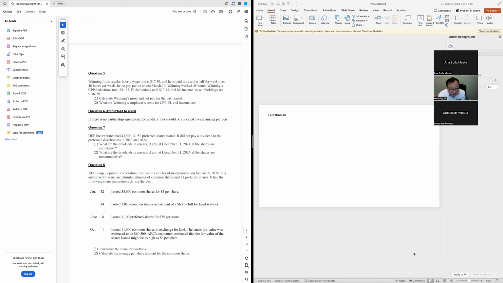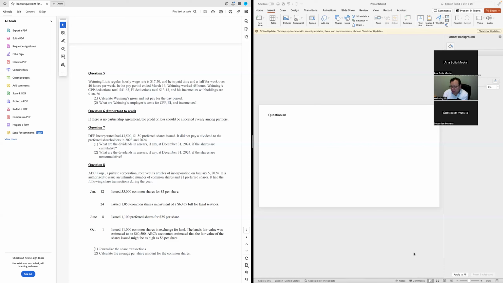ABC's accountant estimates the fair value of the shares issued might be as high as $6 per share. Number 1, journalize the share transactions. Number 2, calculate the average per share amount for common shares.